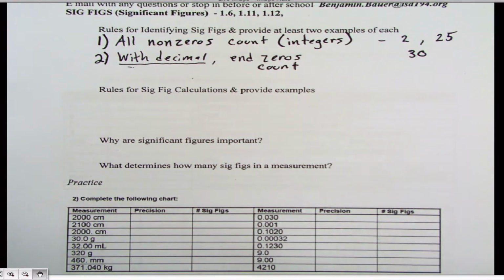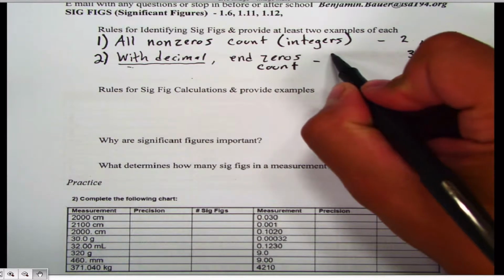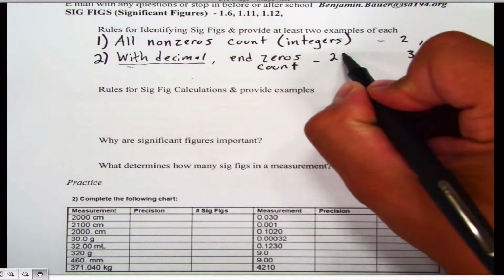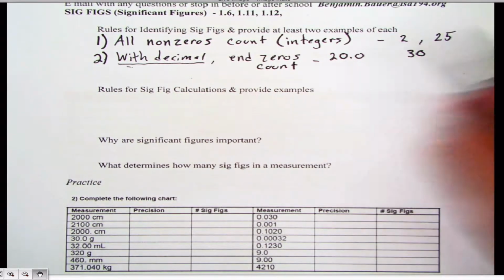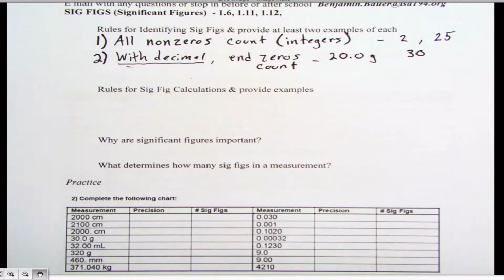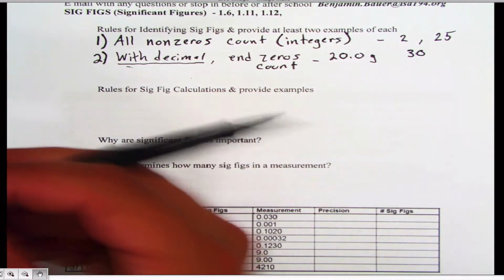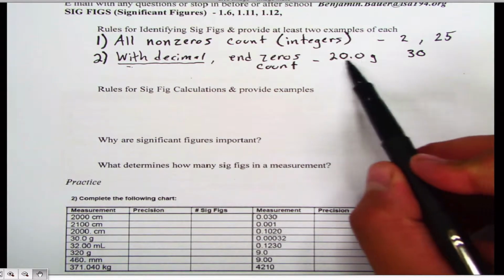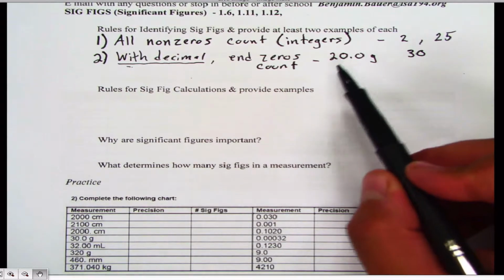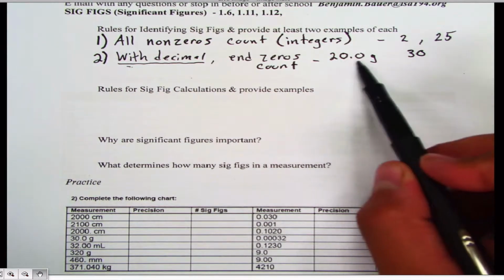Let's do an example. Let's say 20.0, grams. End zeros count. End zeros means furthest to the right in a number. So this 0 counts, and there's also another 0 that counts, because these are technically both end zeros.